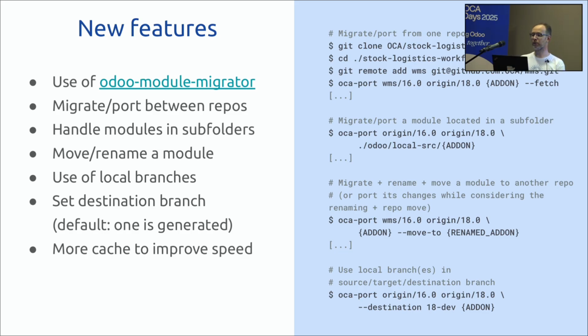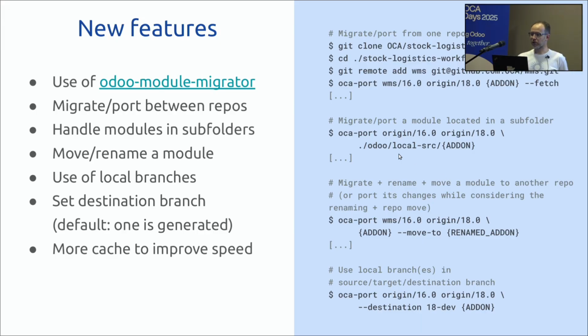Here we simply clone the OCA repository, I add a new remote, WMS, and then I launch the comparison of this module, from WMS 16 to stock logistic workflow 18 for my add-on. And you will be able to either migrate the module to this new repository if it doesn't exist, or compare the module if it already exists.